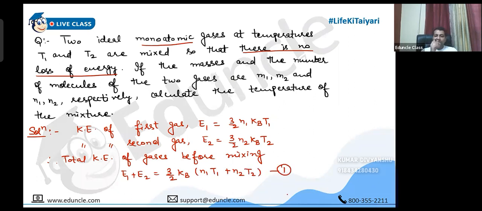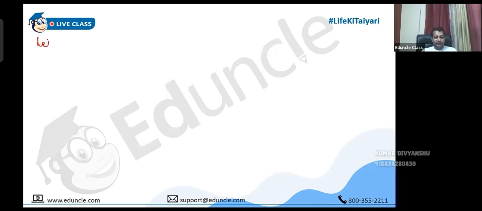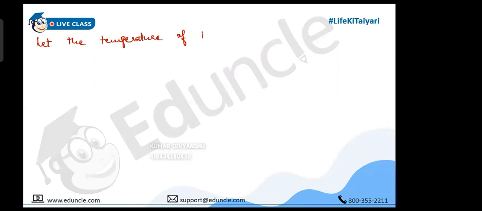Now let us assume that after mixing, the temperature of the mixture becomes T. What will be the energy of the two gases after mixing, after attaining equilibrium?